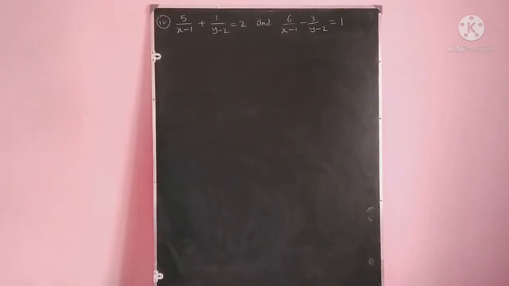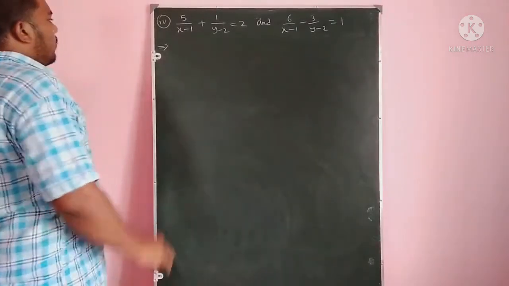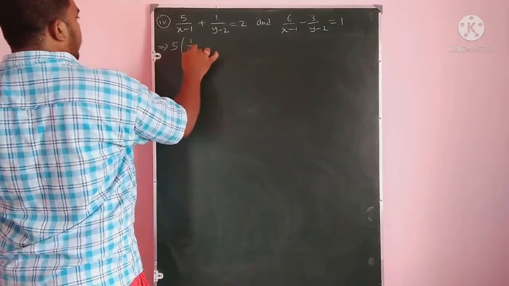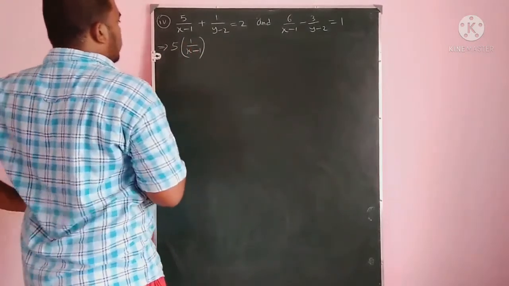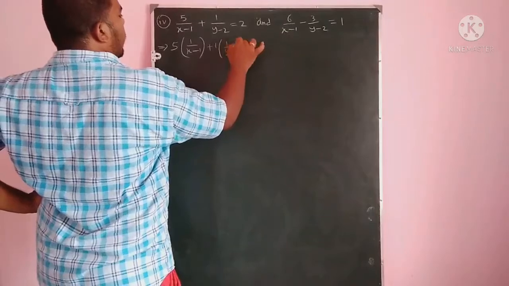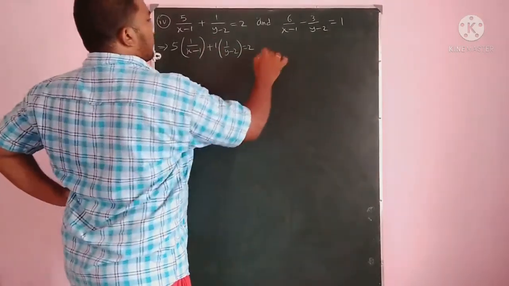Fourth question, they gave 5 by x minus 1 plus 1 by y minus 2 equals 2, and 6 by x minus 1 minus 3 by y minus 2 equals 1. So you should write it as 5 into 1 by x minus 1 and 1 into 1 by y minus 2, so coefficient into the variable part.